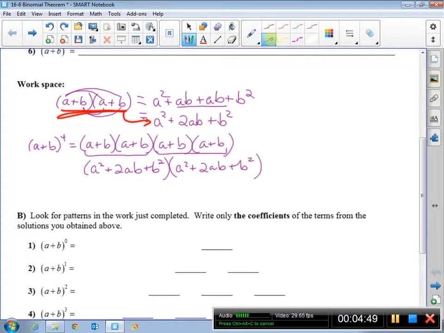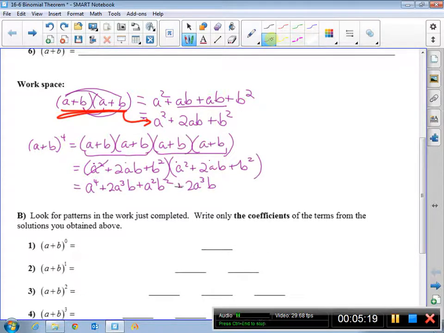All right, so let's do our distributive property here. A squared times a squared. I'm just going to take each one of these and multiply it by the 3 in the second one, one at a time. So a squared times 2ab, a cubed b, and a squared times b squared. Okay, then I'm done with that. 2ab times the first one.